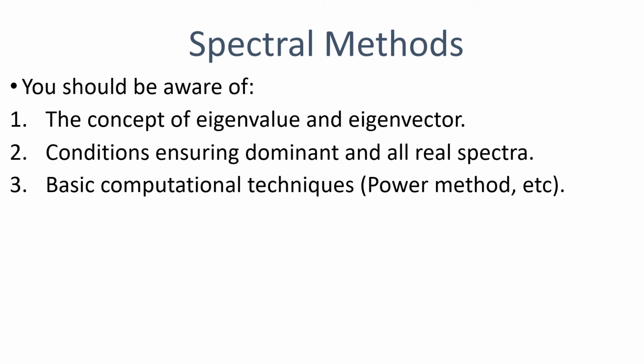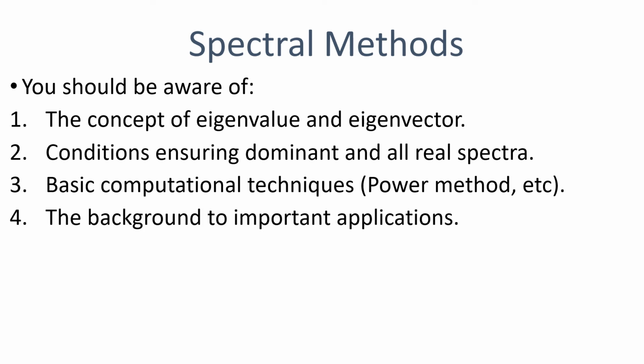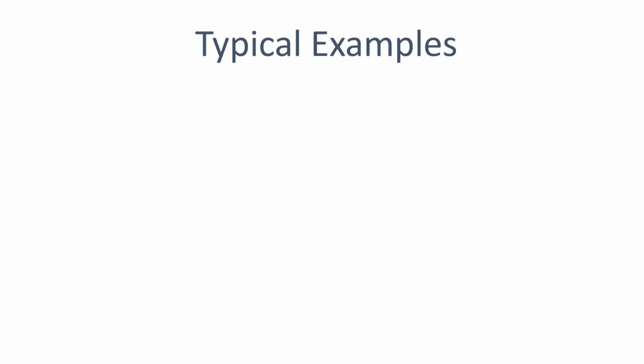You should have some awareness of basic computational techniques. So I described the power method as one way of finding eigenvectors for a matrix which has a dominant eigenvalue. You also need to be aware of the background to important applications.